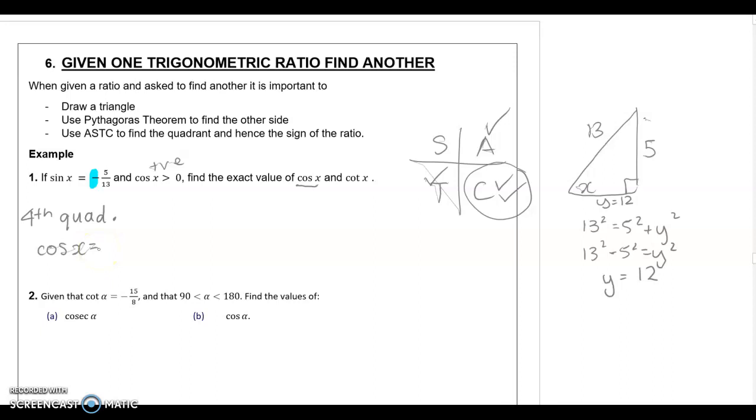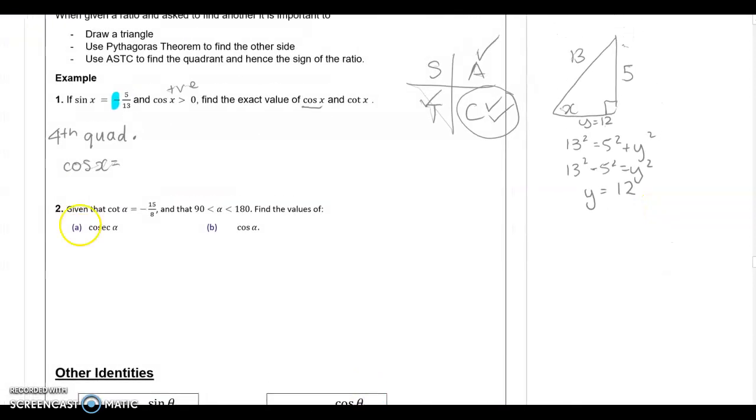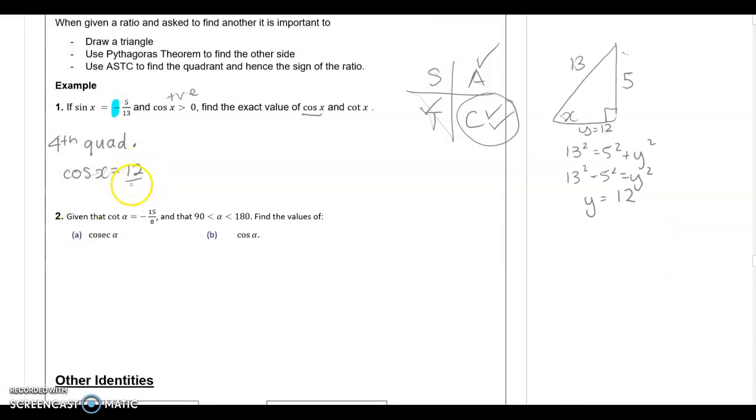We can go over to our triangle here. Cos of x is adjacent on hypotenuse, so cos of x is just going to be 12 over 13. So that's a nice simple one. Okay, next part. Cot of x. Let me think what cot of x is. Cot of x is 1 over tan of x.